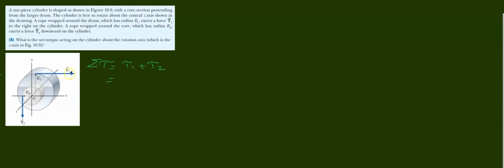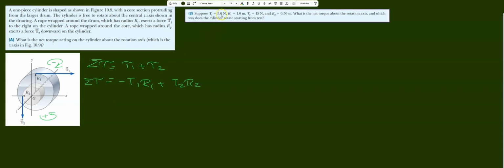So torque 1, notice that torque 1 makes our thing spin like this, and that's negative. So it's going to be minus T1 times radius 1. The other one will try to spin this like that, which is positive. So plus tension 2 times radius 2. That's our net torque.